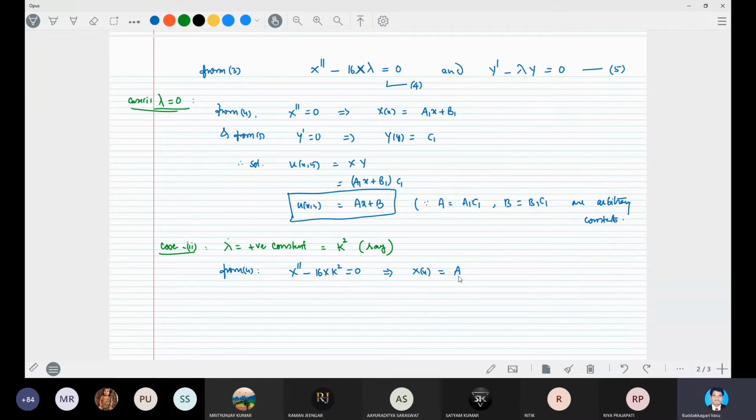a1 e power 4kx, right? Plus b1 e power minus 4kx. Because the auxiliary equation for this ordinary differential equation of order 2 is m square minus 16 k square is equal to 0, right?